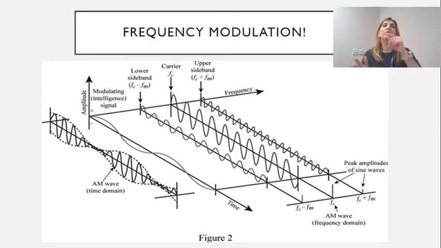So I'm not going to look at only one spike when I'm looking at the frequency domain of a signal. I'm going to look at a boundary of frequencies, and that boundary of frequencies gives me bandwidth. The definition of bandwidth comes from here.